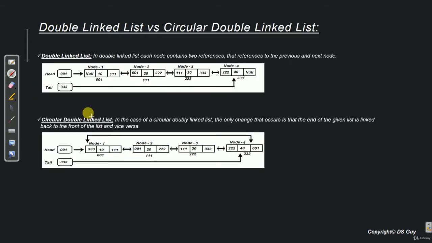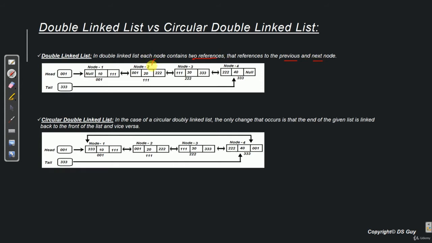Now before we start learning circular double linked list, let's quickly recap what was double linked list and how is it different from circular double linked list, and most importantly, why do we need a circular double linked list at all. So we have seen in the previous videos that a double linked list basically contains two references, that is reference to the previous and the next node.